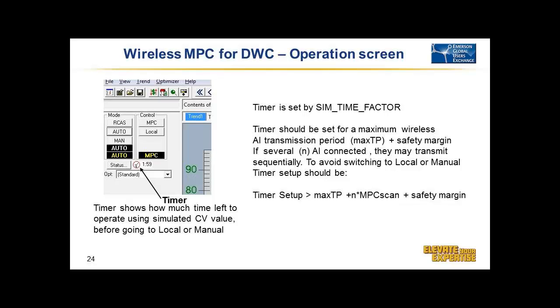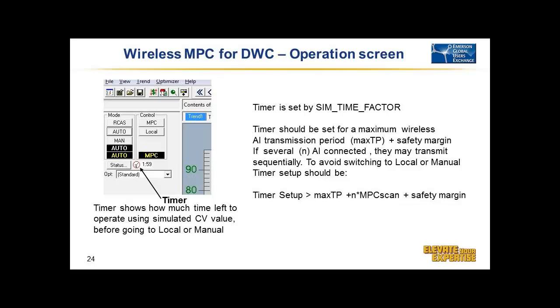If we set this wireless mode of operation for any input, this timer, when we work online, shows how much time is left until it goes to local mode or whatever fail mode we define. In that case, I think we set 2 minutes and it counts down until 0 and goes to fail mode.